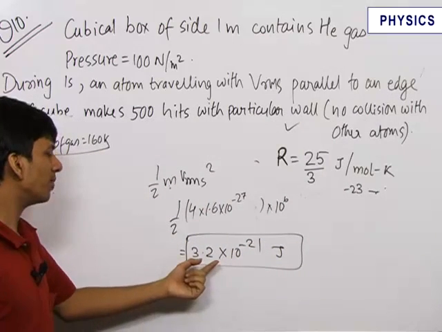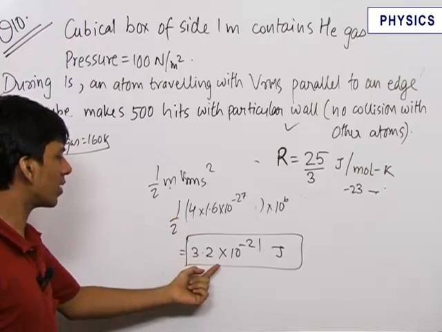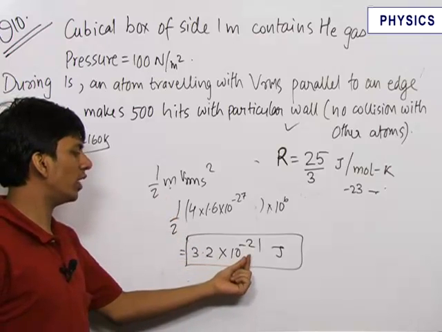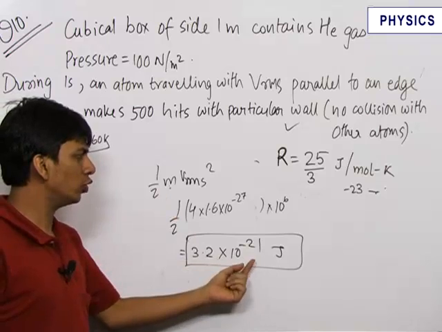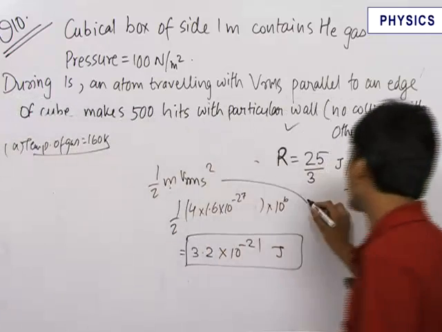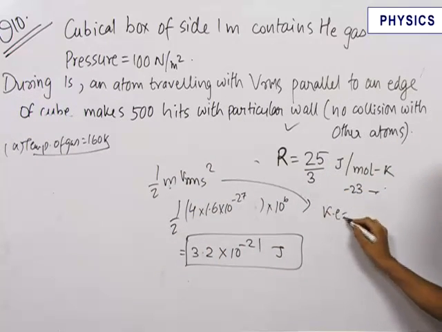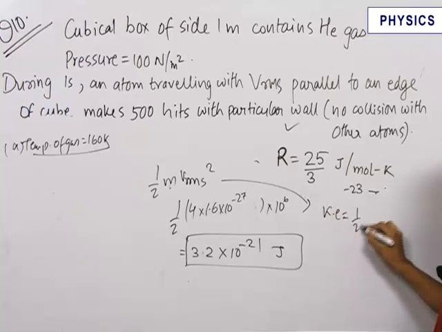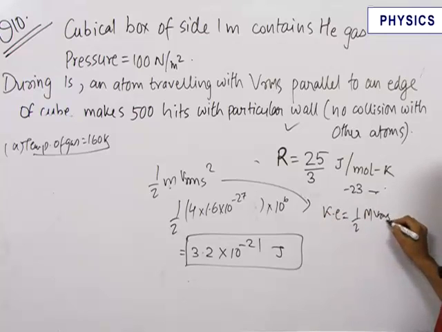So our answer for average kinetic energy per atom comes out to be 3.2 into 10 raised to minus 21 joules. One important thing which we see from here is that the total translational kinetic energy of a gas is equal to half into the total mass of the gas into VRMS whole square.